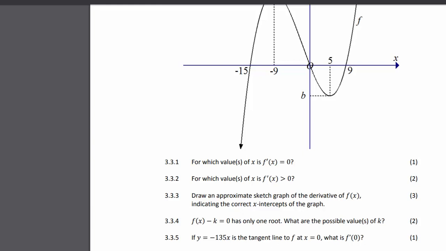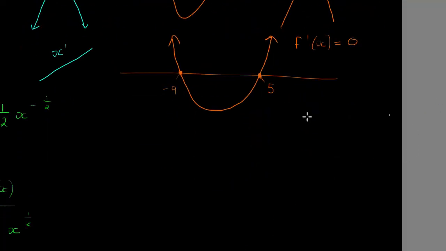Next question: if f of x minus k is equal to 0 has only one root, what are the possible values of k? When I have something like this, it's more helpful to rewrite it, let me change colors to keep your attention.